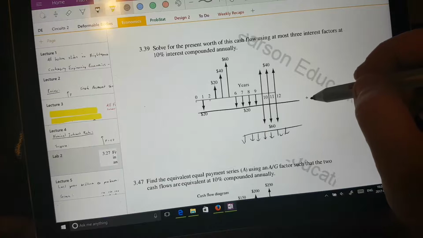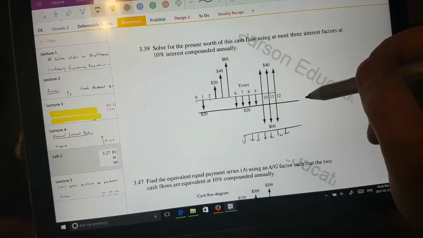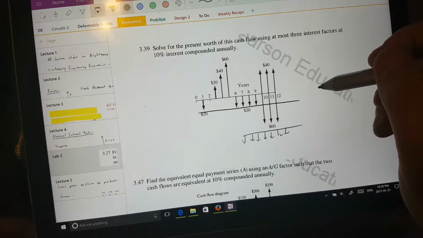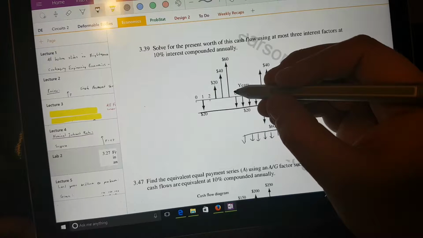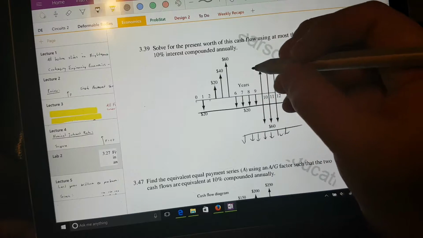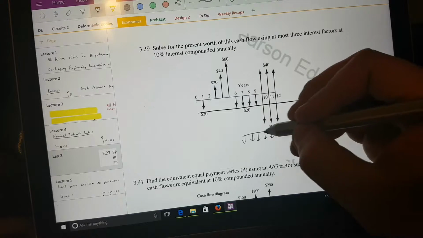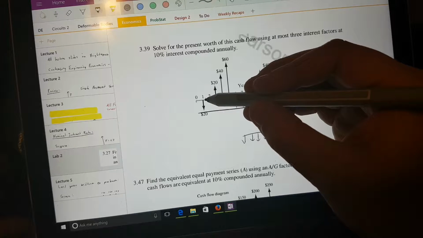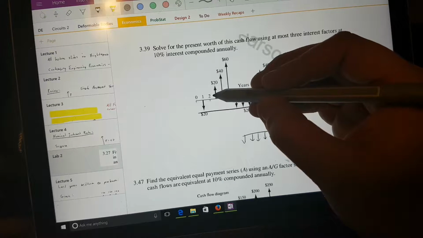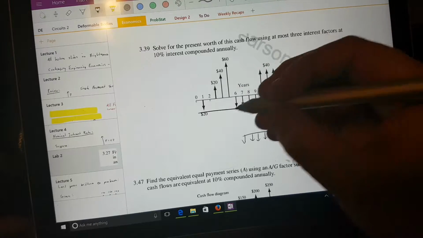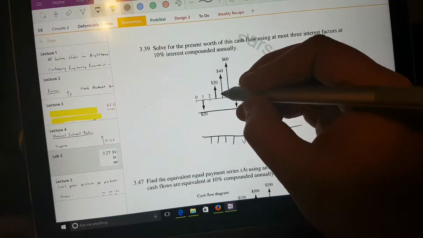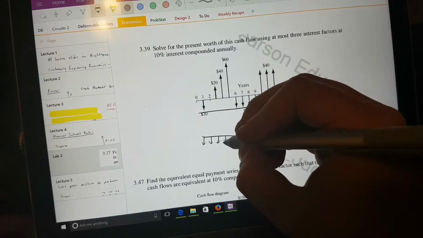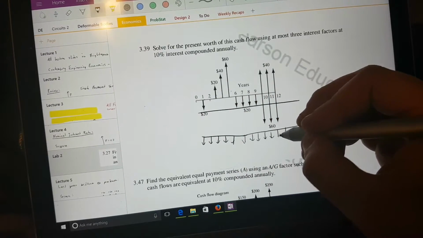So I've got this, and then I've got a geometric one too. How am I going to split this cash flow up? So I've got these ones here. Okay, yeah, I can have equal payment for these, years 1 through 12.